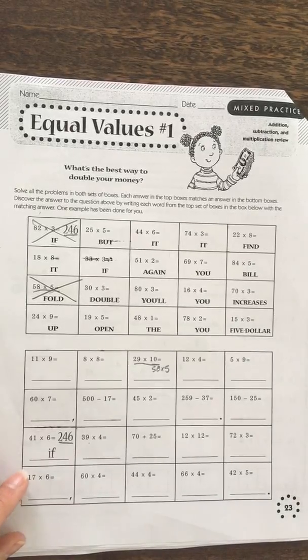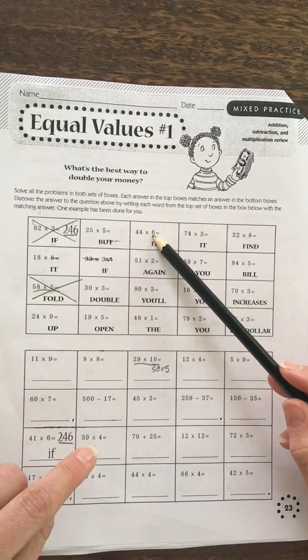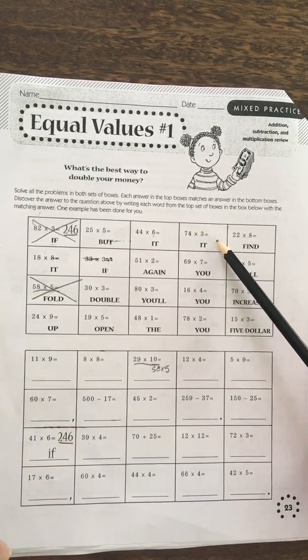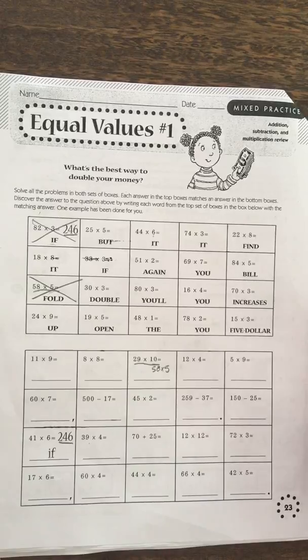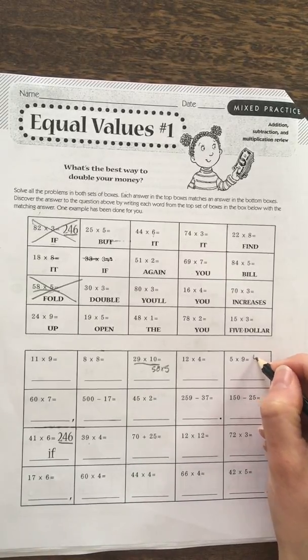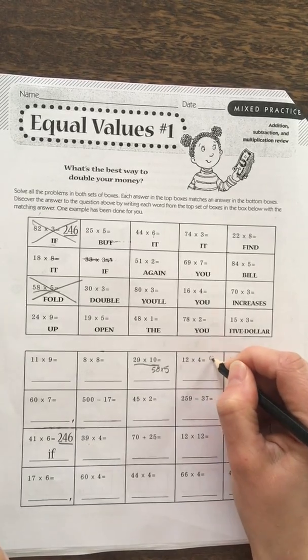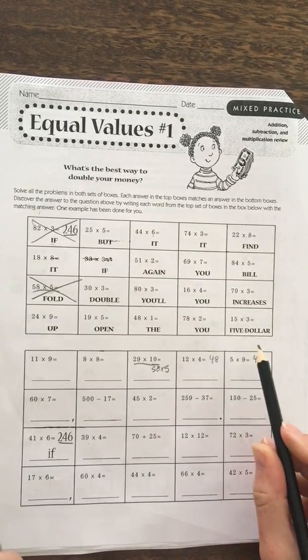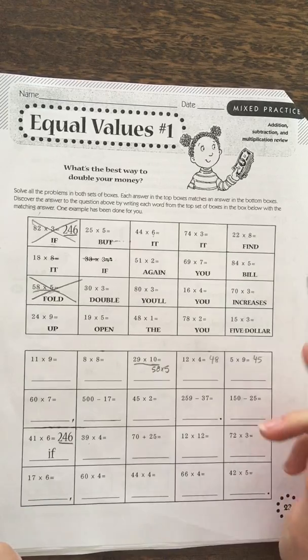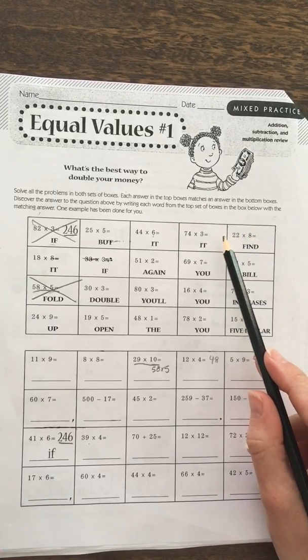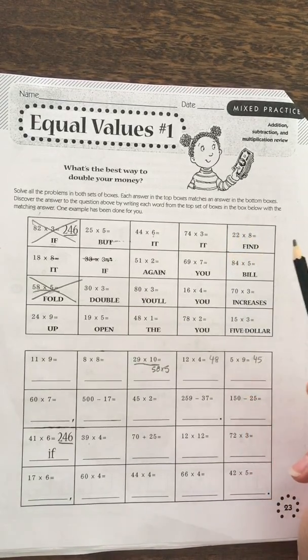Okay, let's see if there are others that stick out as a doubling and halving type relationship or something else that could be useful. So 44 times 6, 74 times 3. Well, 5 times 9 is 45, a fact I just know off the top of my head, and 12 times 4 is 48.